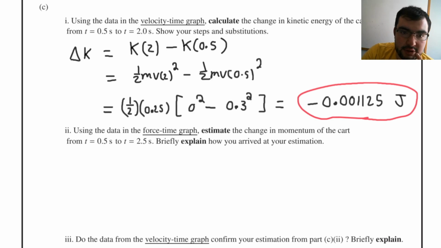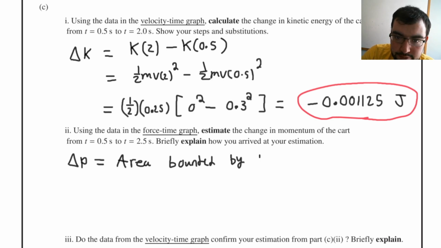Then, using data in the force time graph, estimate the change in momentum in the cart. So force time. So we can't just use the delta v's. That's part 3. Well, we know that delta p is equal to the area bounded by F of t.